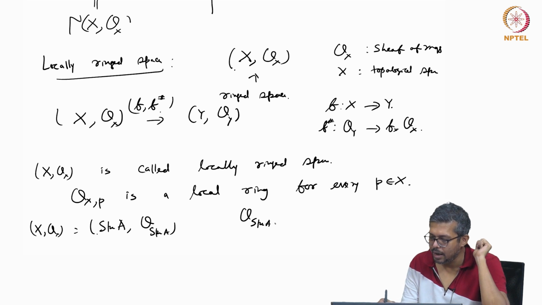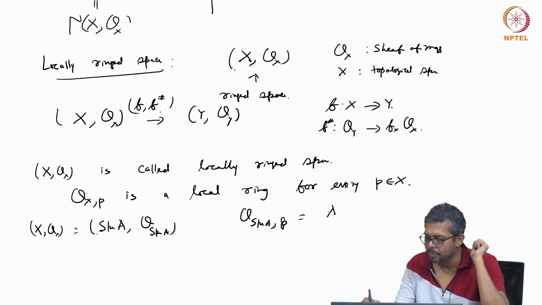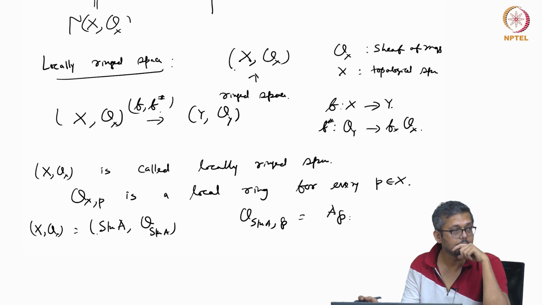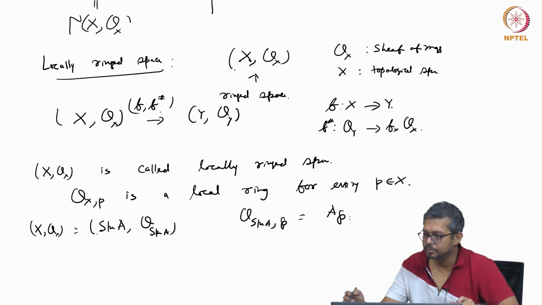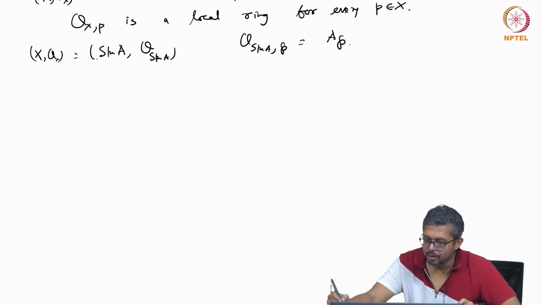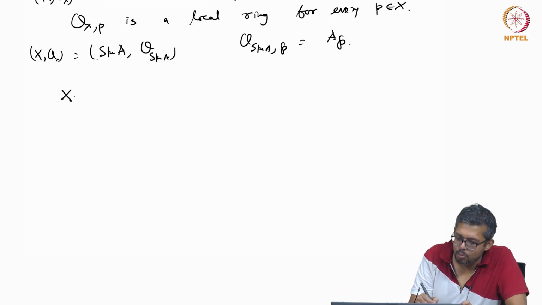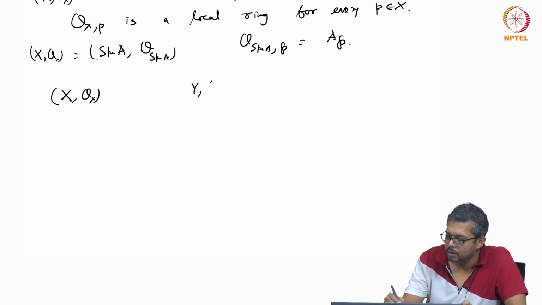O of Spec A at a point P is nothing but A_P, which is a local ring. So it is a locally ringed space. And now, if you have two locally ringed spaces, suppose (X, OX) is a locally ringed space and (Y, OY) is a locally ringed space, both are locally ringed.